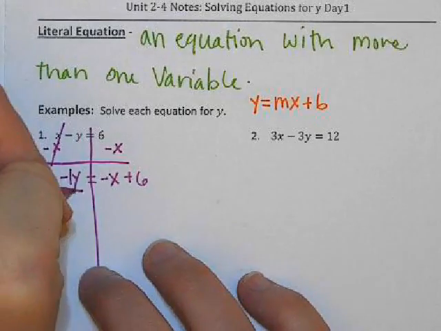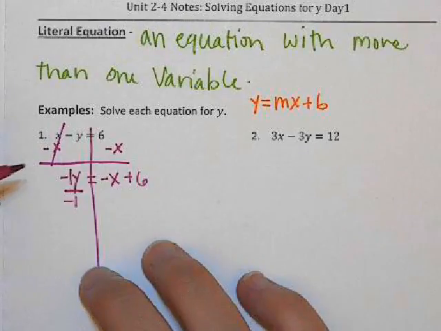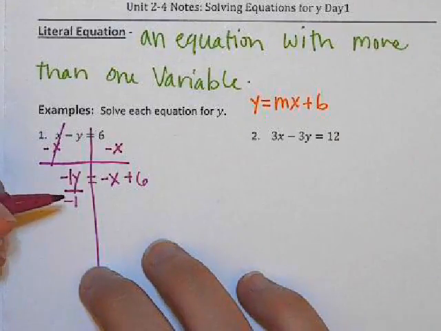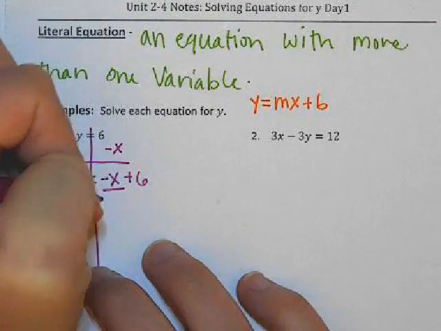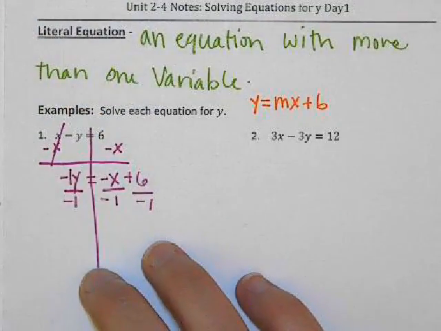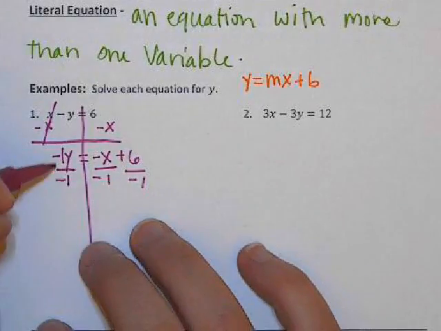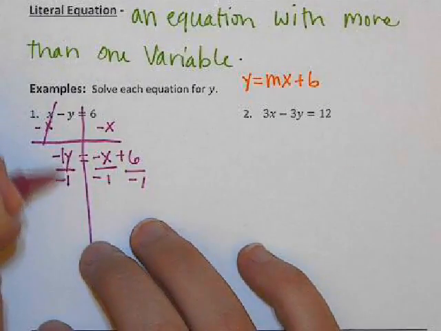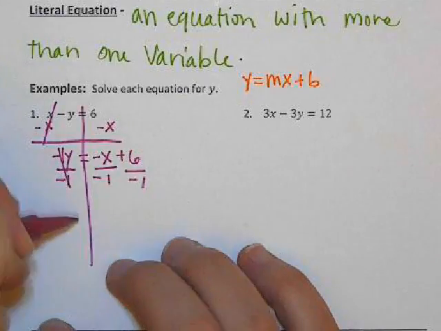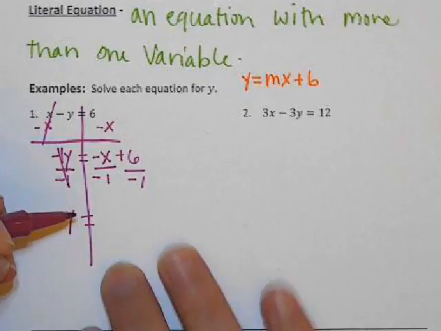So I'm going to draw my fraction bar, negative 1. Now, this is different. If I divide by negative 1 here, I have to divide everything by negative 1. Negative 1 divided by negative 1 is 1, so it's y equals, because now it's just 1y, and I don't have to write the 1.